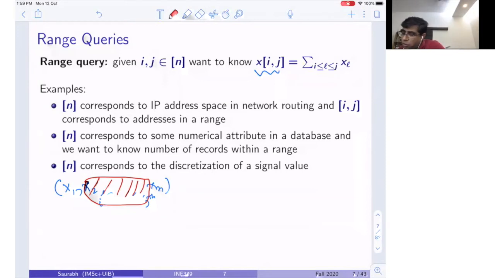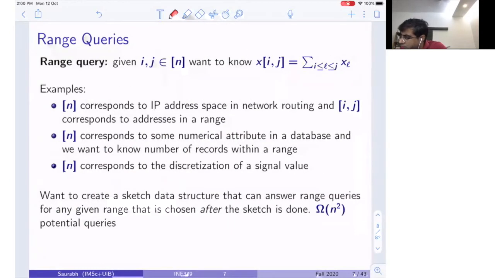Now, how can you answer these range queries? Here are some trivial ways of doing this. What we would like to create is a data structure that can answer range queries in a given range that is chosen after the sketch is done.